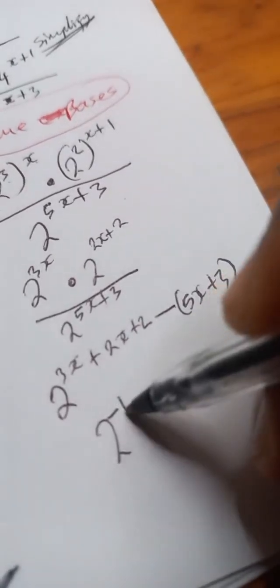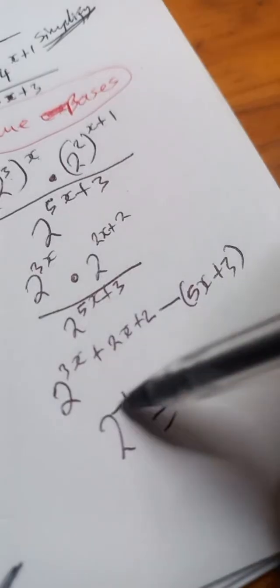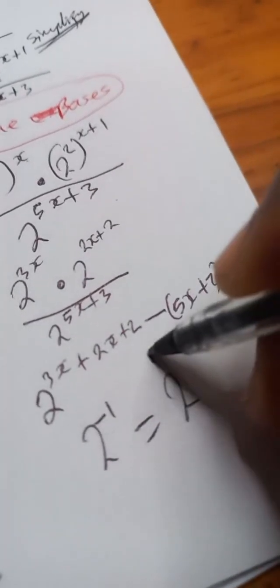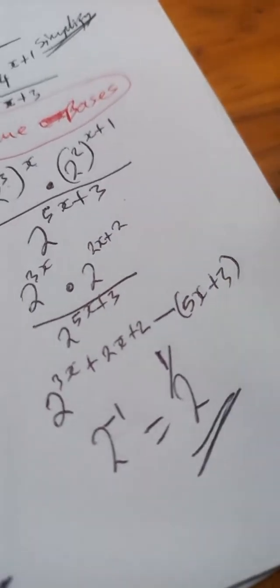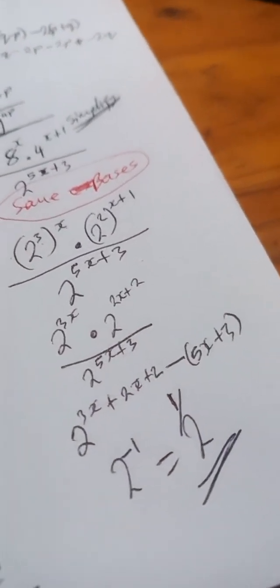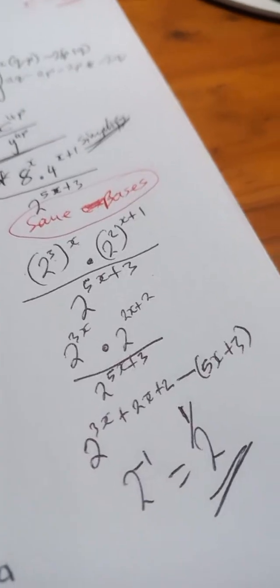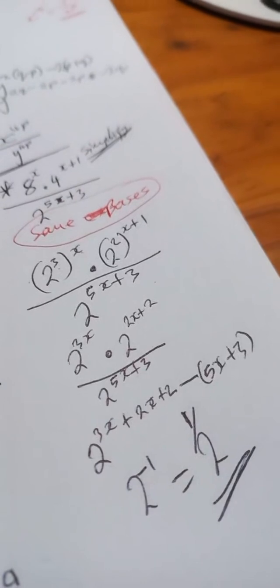So it's 2 to the power negative 1. To remove the negative exponent, it's going to be 1 over 2, to change to a fraction. Wesley, you are right. That is good. Wonderful.